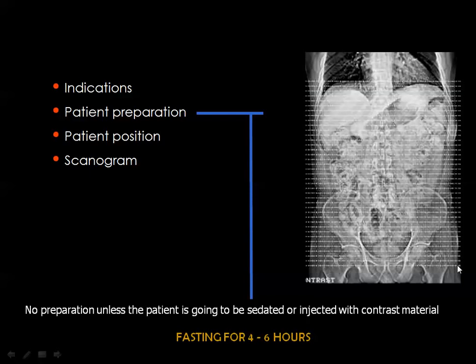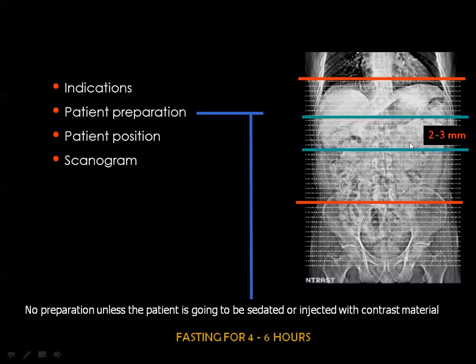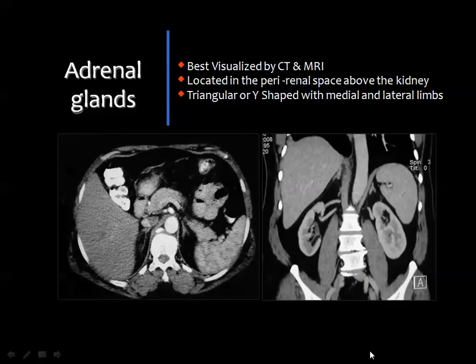By CT, you may have the scanogram, and you specify the area to be scanned from the cupula of the diaphragm down to the iliac crest, and you have the intervals at 1 centimeter, except in the region of the adrenal gland you should have thin slices in the range of 2 to 3 millimeters.